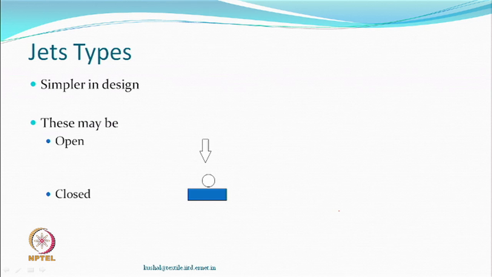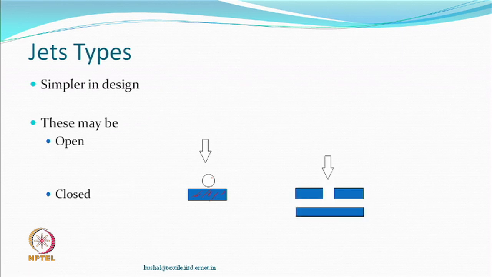Open means that there is a plate and there is a yarn and direct impingement is taking place on the yarn itself. Just in something should happen. So, it is not closed.